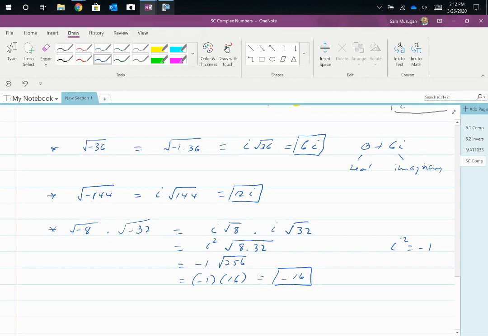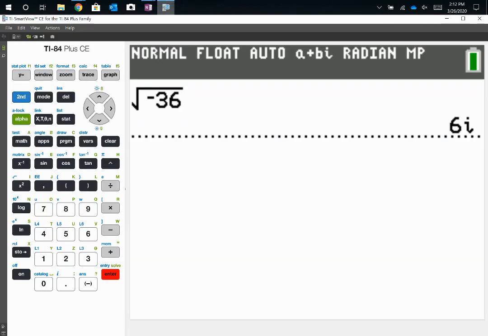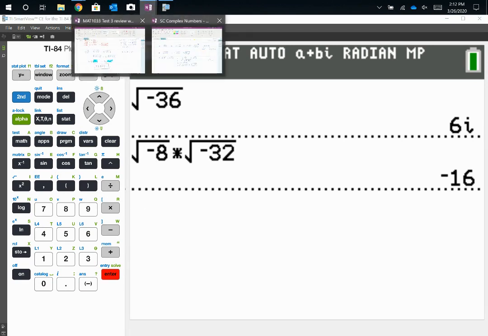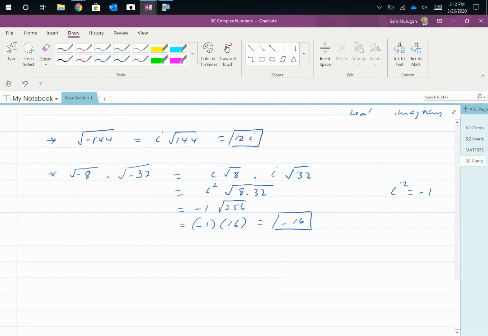You can do that in the calculator. This would be square root of -8 times the square root of -32, and you get -16. Now, I want to show you the incorrect way to do this.